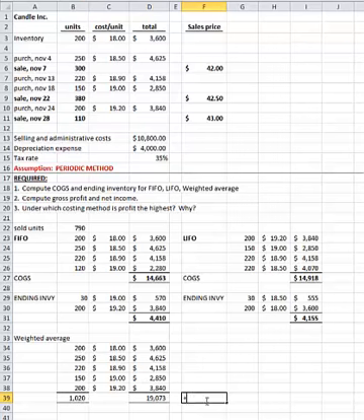The average is the total goods available divided by the units available. So our average is 18.70.